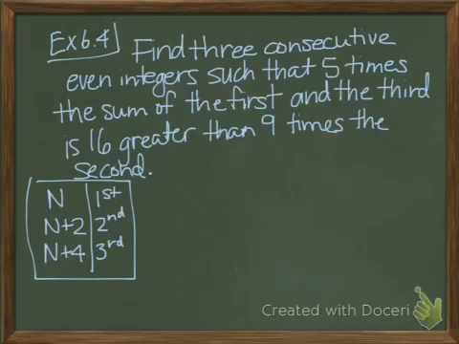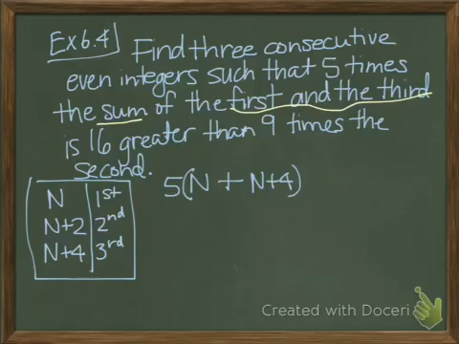Now, it says find the integers such that 5 times the sum of the first and the third. So we're looking at the sum, first of all, and we need the sum of the first and the third. So the first is n, and the third is n plus 4. And we need 5 times that. So 5 times the sum of the first and third is 16 greater than 9 times the second.